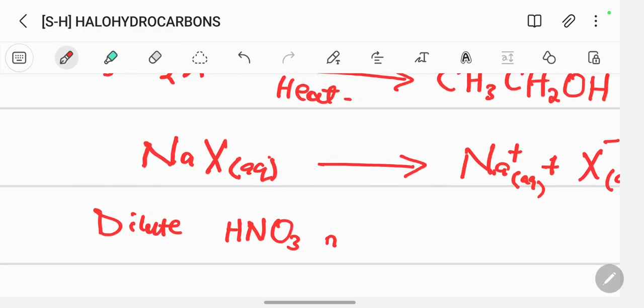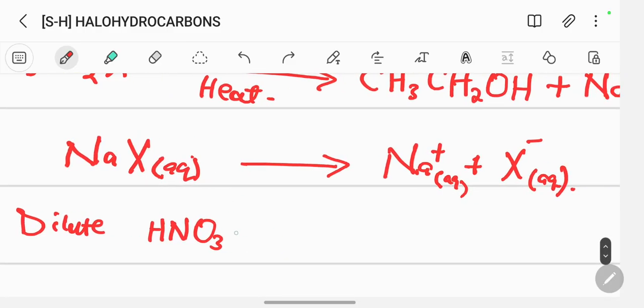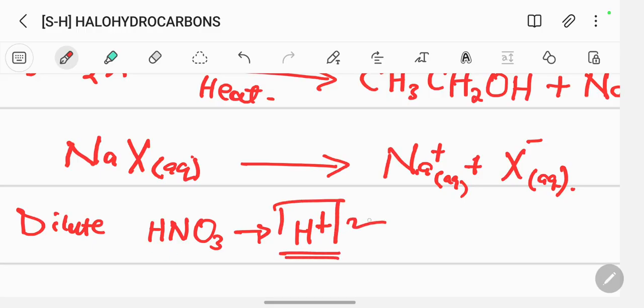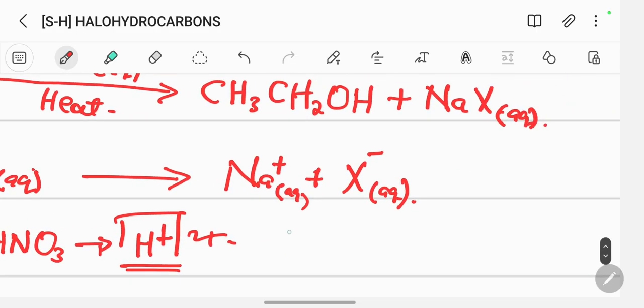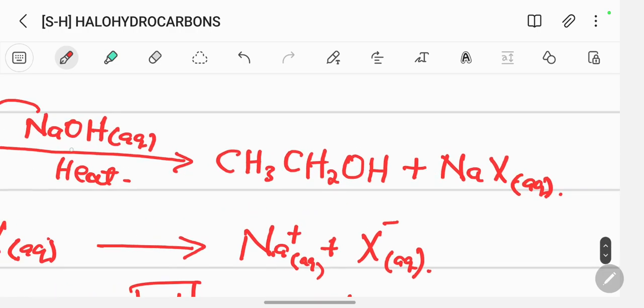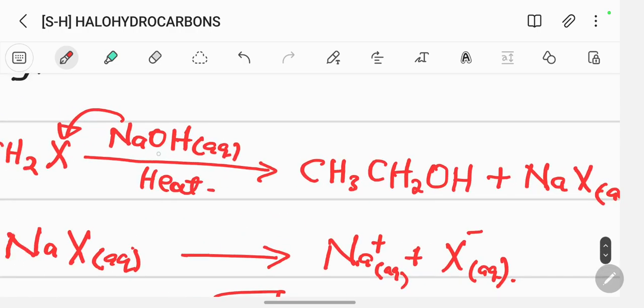By the way, when you add in an acid, it's like you're adding hydrogen ions to solution. And what are these going to do? These hydrogen ions from the dilute nitric acid are going to react with the excess hydroxide ions in solution.